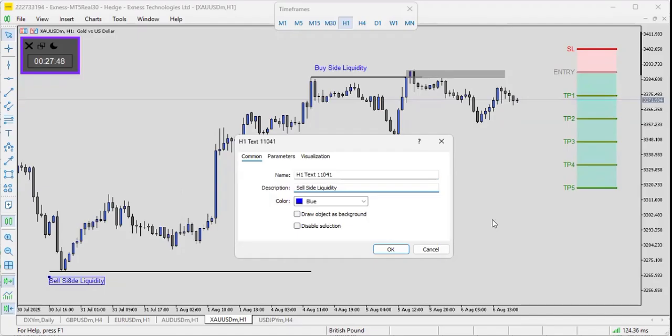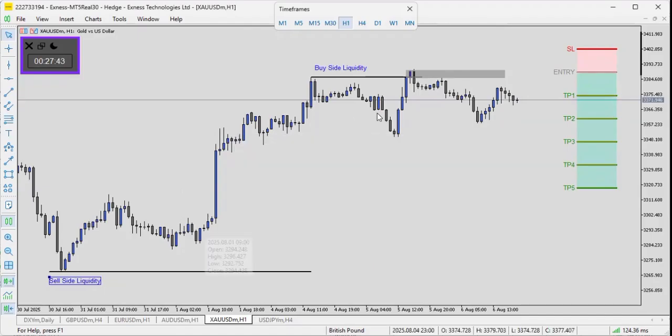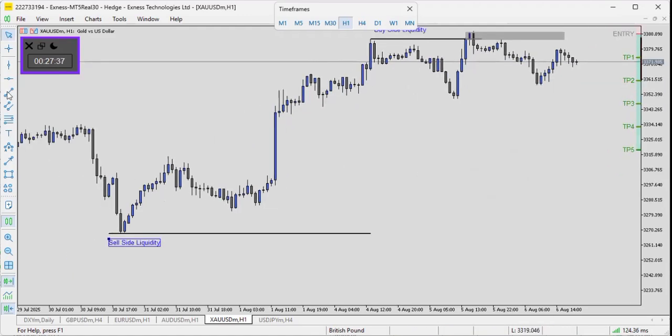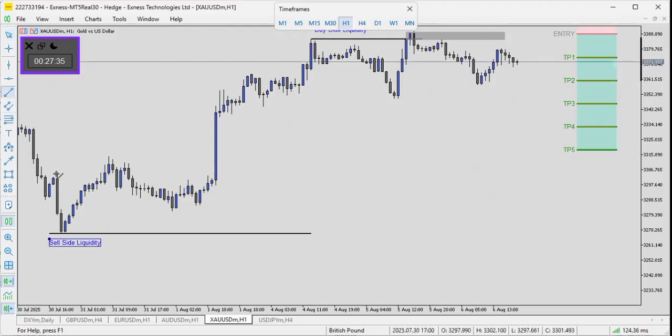All right. So we have the sell side liquidity and the buy side liquidity. When this market came here, you find out that there are higher highs and higher lows. You can begin to pick them. Every market has highs.